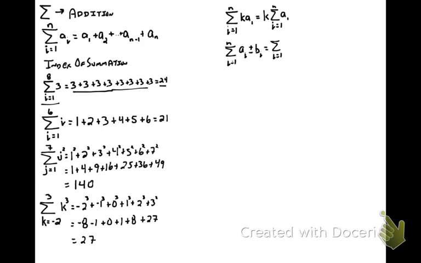That means you could find the sum of everything for just a sub I, and then once you're done, add or subtract it to the sum of just b sub I. Right? I don't have to do the whole thing together. I can write one sum as two sums. And so with these in mind, let's consider a few more examples.